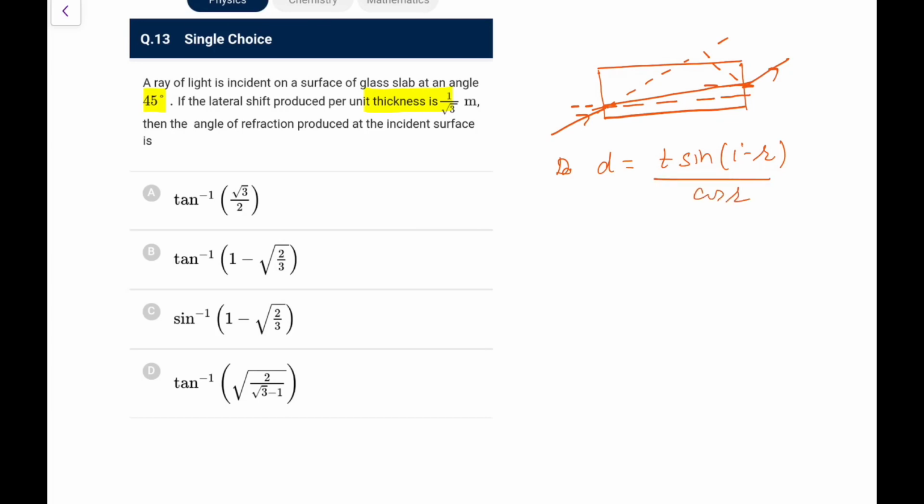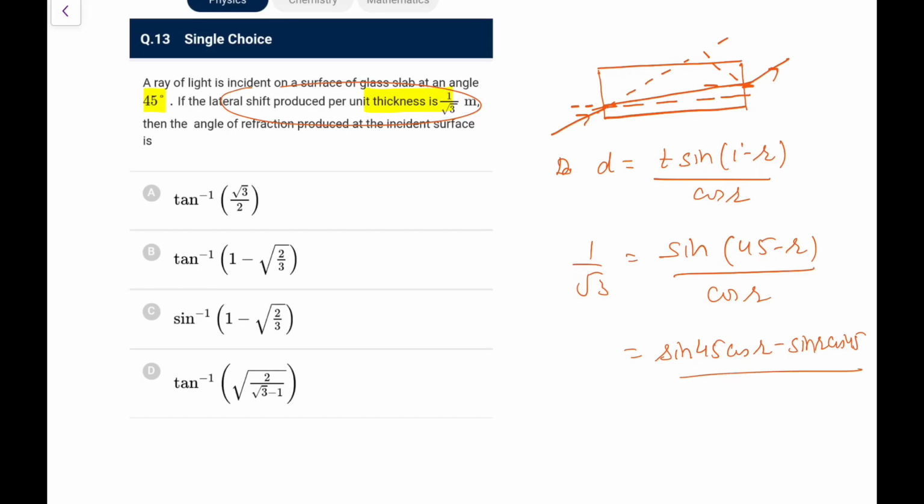So if you remember this, now this is shift per unit thickness, that means not d, that is d by t. So d by t I can write as 1 by root 3, that is equal to sine of (45 minus r) upon cos r. So now it's a question of trigonometry for you. You have to solve this question. How you will solve? So use sine (a minus b). I can write it as sine 45 cos r minus sine r into cos 45 upon cos r.